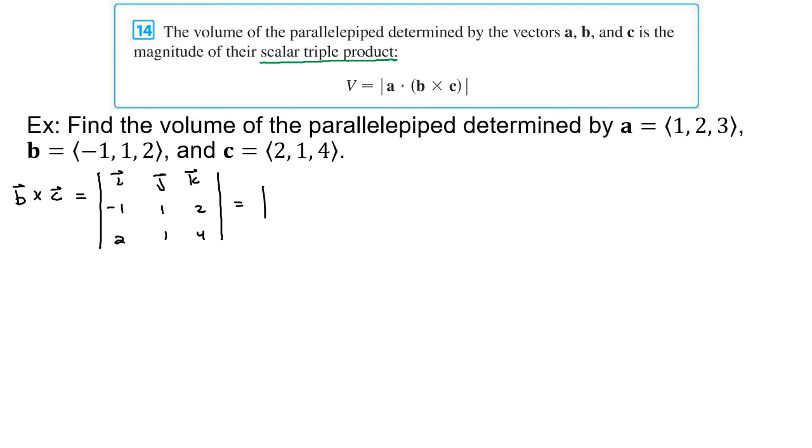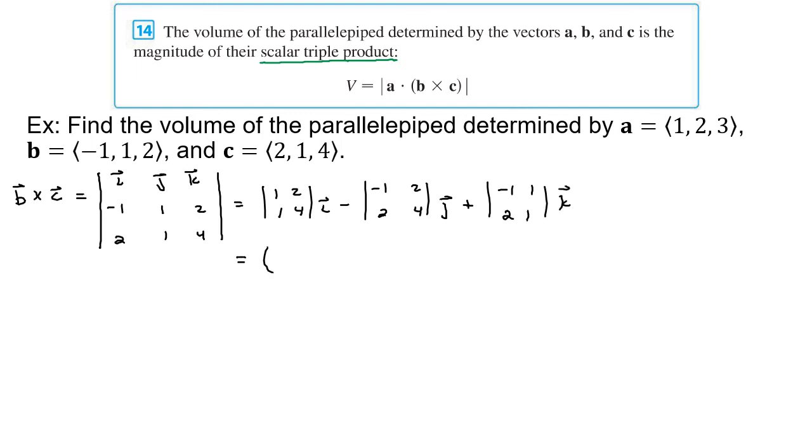So my I would use the 1, 2, 1, 4. My J would use the negative 1, 2, 2, 4. And my K would use negative 1, 1, 2, 1.